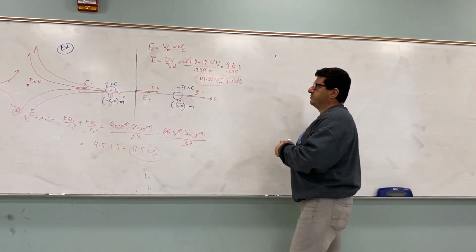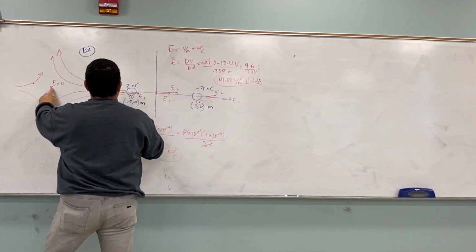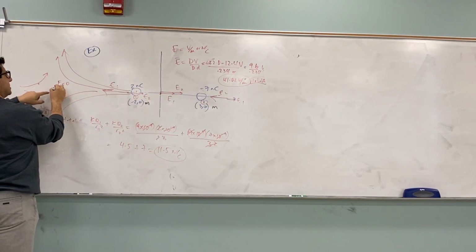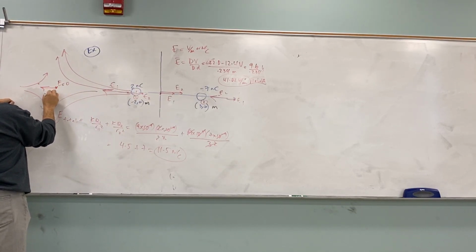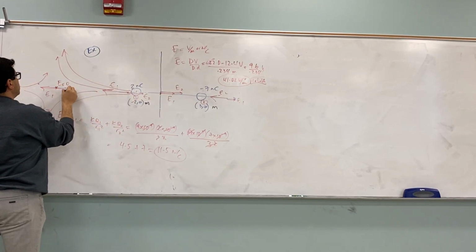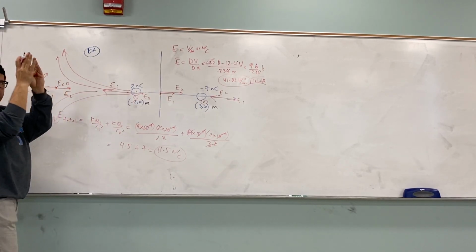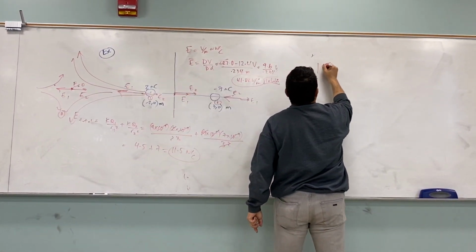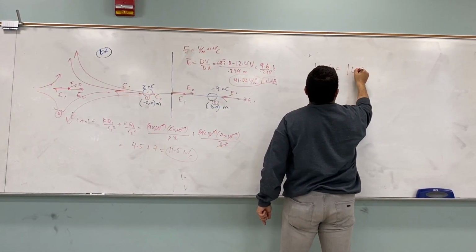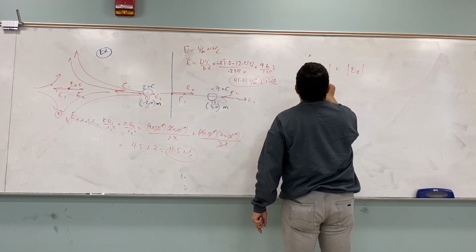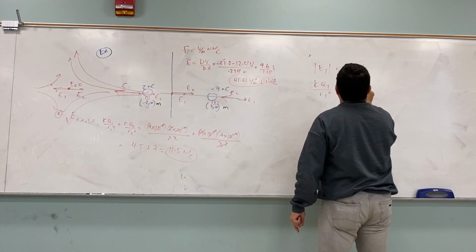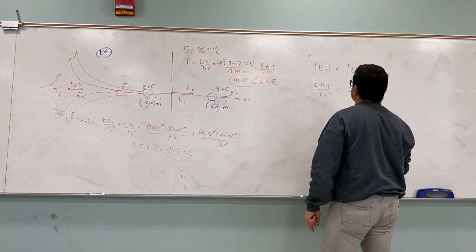How do we set that up? Somewhere over there, the electric field E1, which is this way, and the electric field E2, their absolute values have to match, right? Absolute value of E1 has to equal absolute value of E2. So k Q1 over r1 squared equals k Q2 over r2 squared.